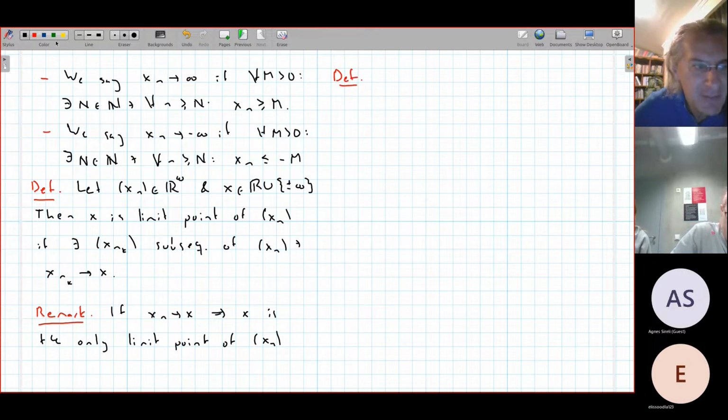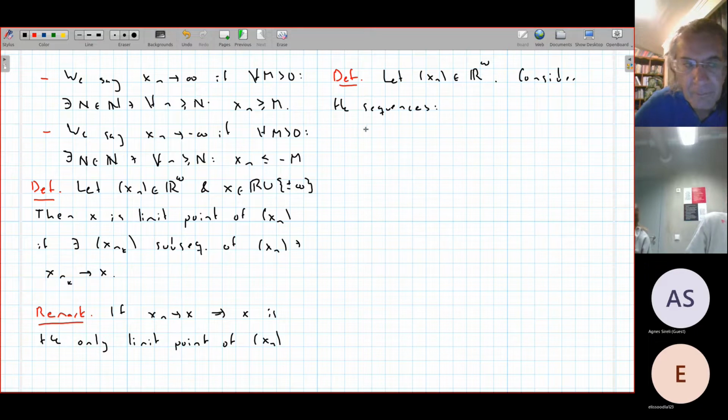So this is another definition. Suppose that xn is a sequence in the real numbers, and we consider the following sequences. One of them, the nth term is going to be the supremum of the xk for k greater than or equal to n.